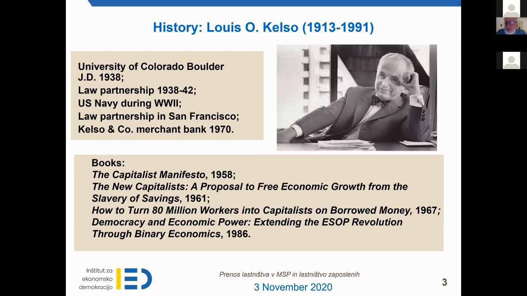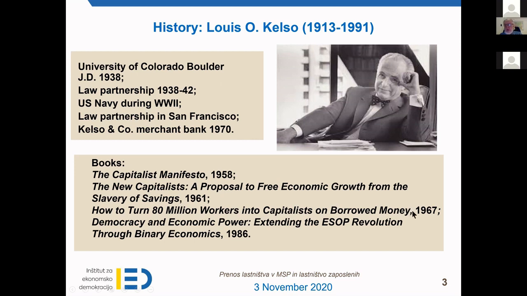So the inventor of the idea, which really got going in the late 1970s, is Louis Kelso, who was a lawyer. And you can see from the names of his books the sort of ideological orientation. This was not a left-wing thing, this was a right-wing thing in America. He had a book called The Capitalist Manifesto, or How to Turn 80 Million Workers into Capitalists on Borrowed Money.